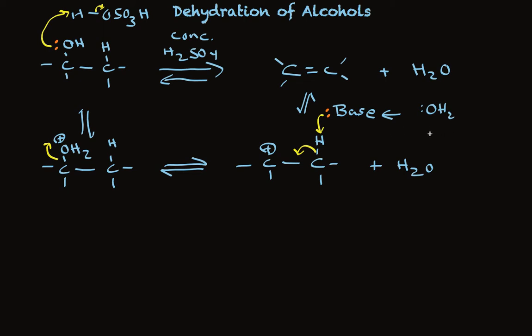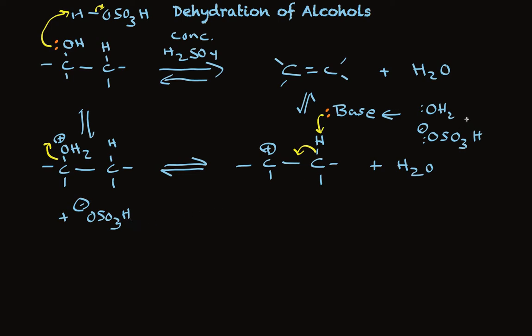The other candidate for base, and this also happens, is the bisulfate, the conjugate base of sulfuric acid that we generated in the first step when it did this protonation. And perhaps not to be sneaky, we should say plus.